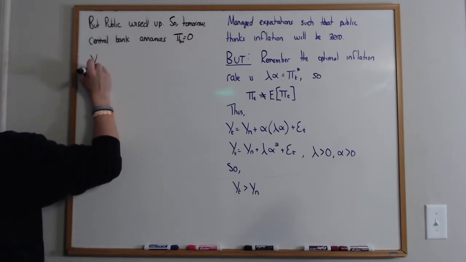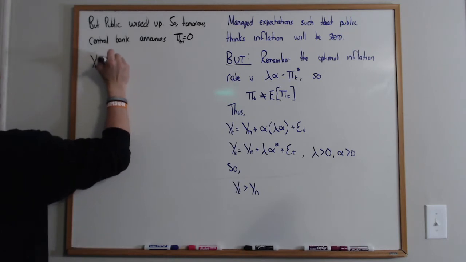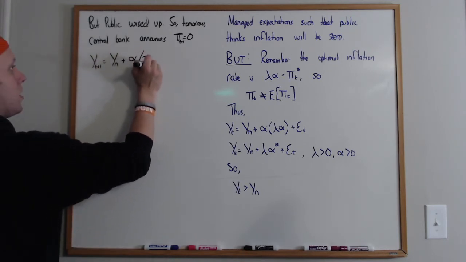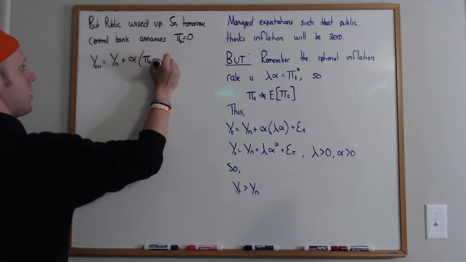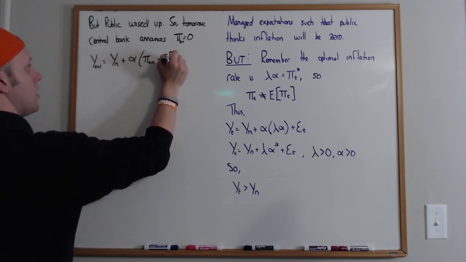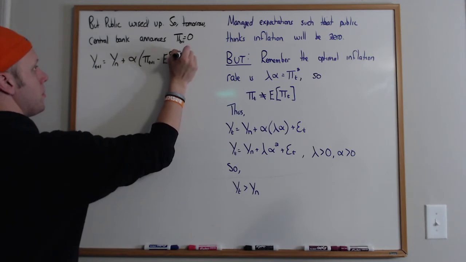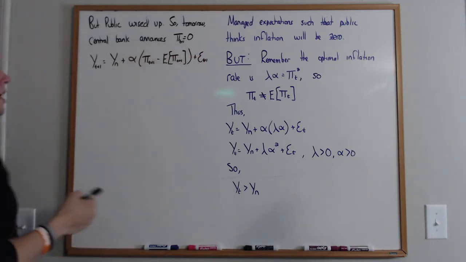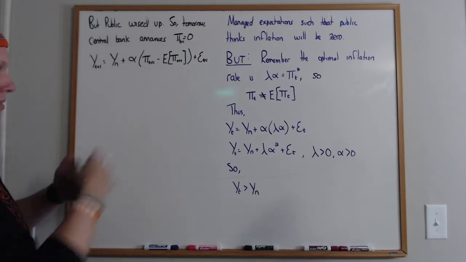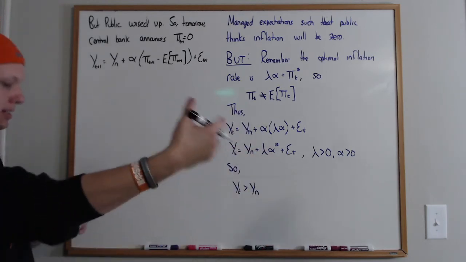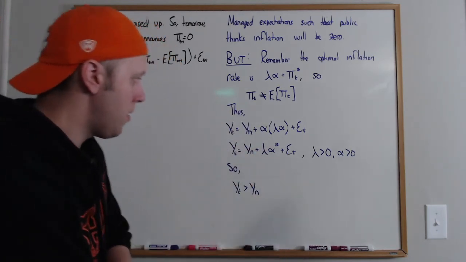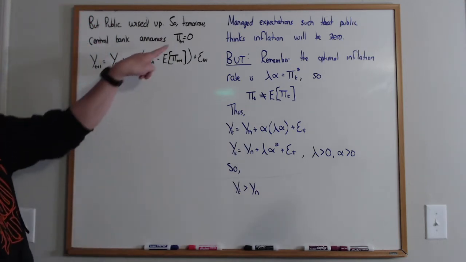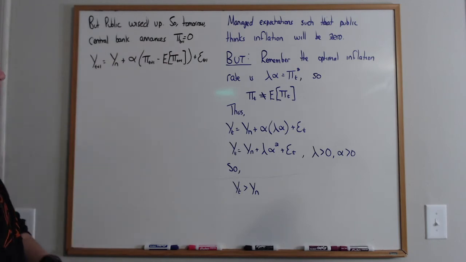So if we've got tomorrow's Phillips curve, right, if we got that, because we shifted everything forward one period because we're in the next time period, right? Well, now the central bank announces an inflation rate of 0.